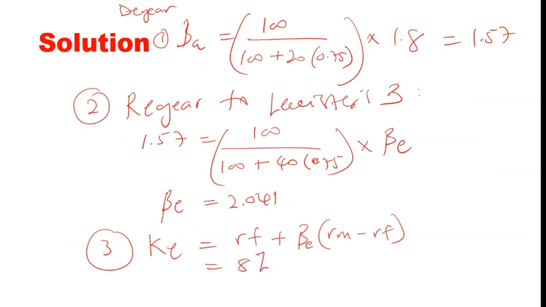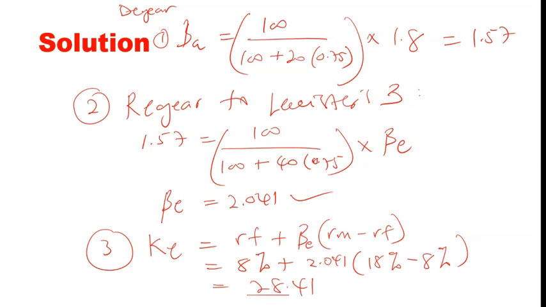So 8% plus BE, that one, 2.041, times RM which is 18% minus 8%. And this gives us 28.41%.